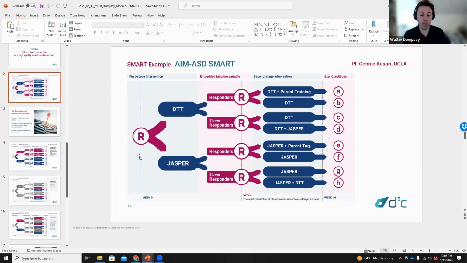An example of the two places mobile health technologies get involved in SMARTs: one is you might randomize where one of your components is just whether they have access to a mobile app with a bunch of content on it or not. So you'll see more and more SMARTs incorporating mobile health technologies as an intervention option in and of itself. The other thing is it's becoming more common that response status is assessed using digital technologies.